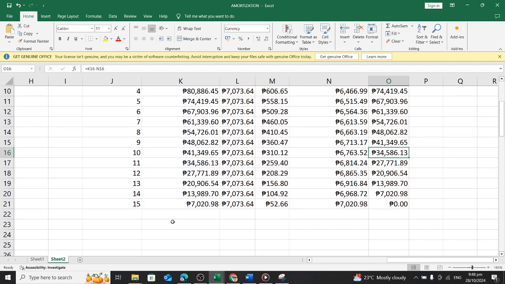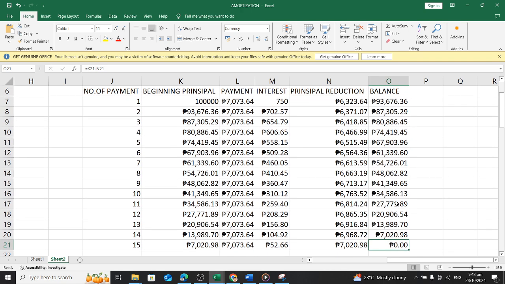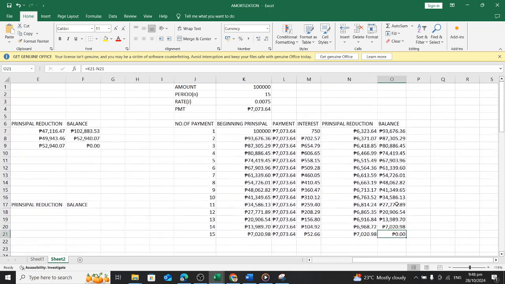But after the last period, in the 15th period, we have no balance. Meaning to say, we have paid our debt of 100,000 pesos. So this is called an amortization schedule. This is the process of how you pay the loan, may it be a commercial, consumer or a business loan.